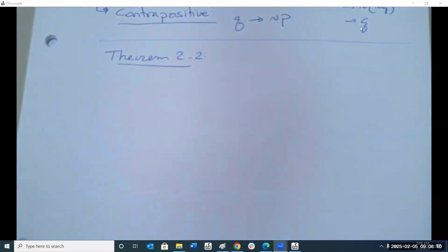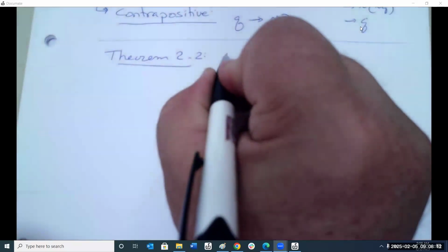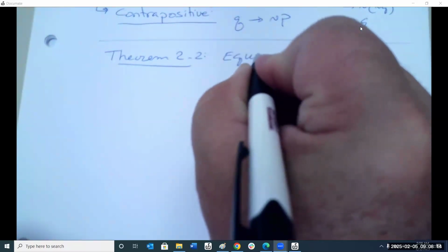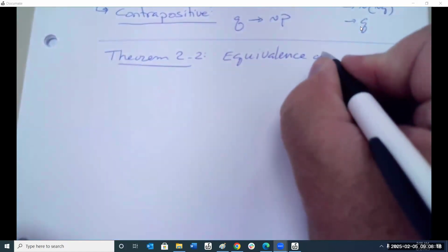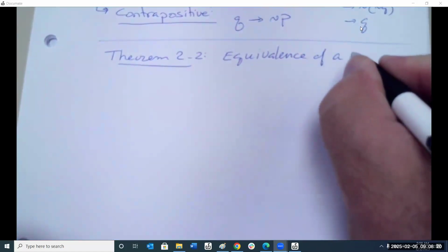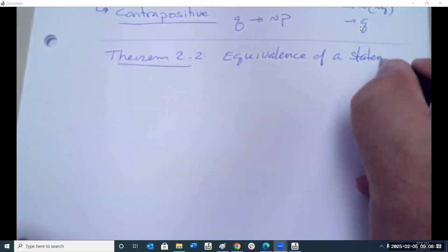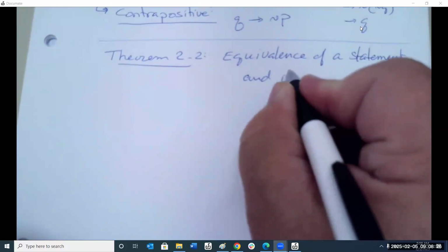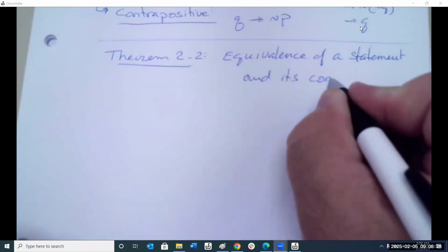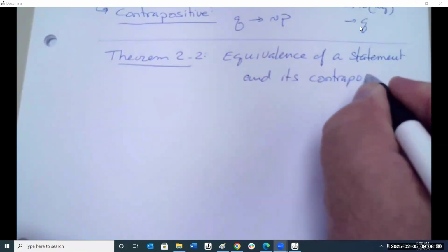Good job. Theorem 2 says the equivalence of a statement and its contrapositive.